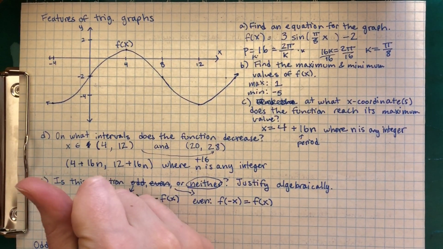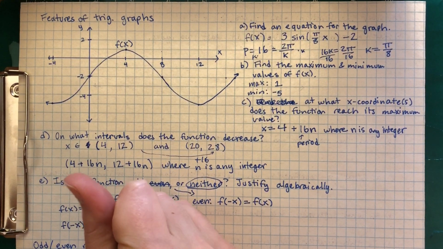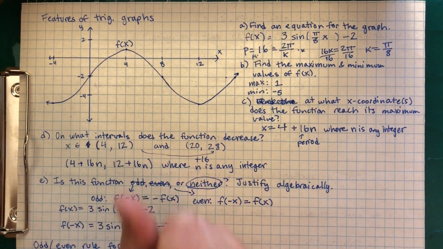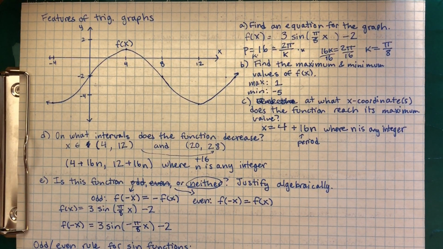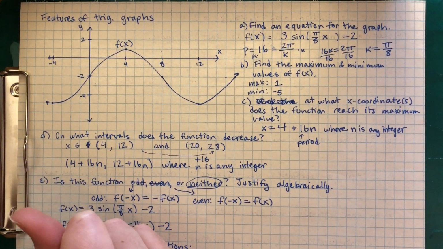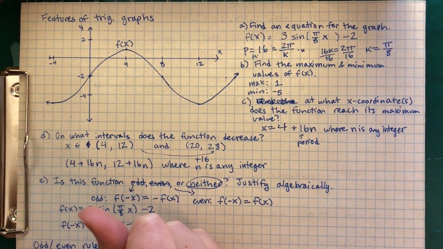This would be 3 sine negative pi over 8x minus 2. Now, it turns out that sine is an odd function.